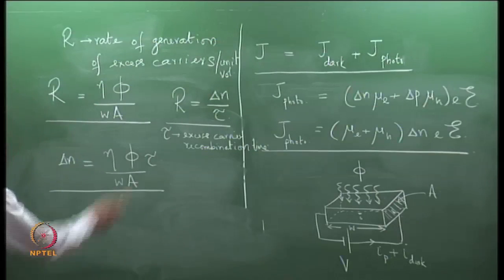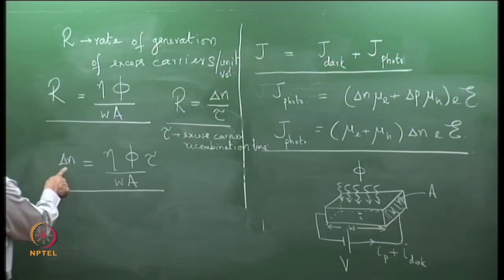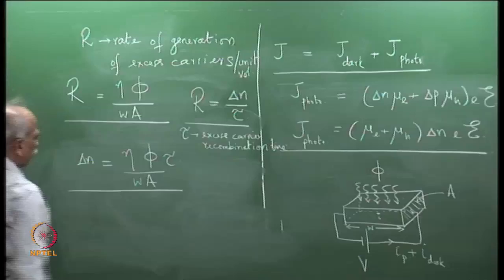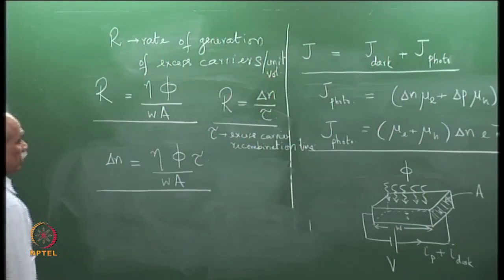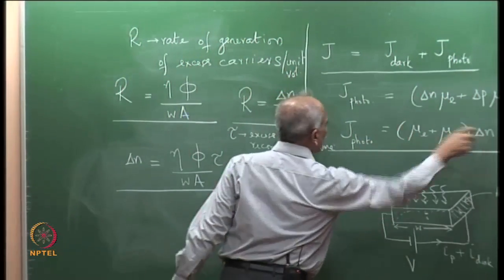So, to get IP, delta n is equal to eta phi tau divided by WA, and I substitute this in J photo.